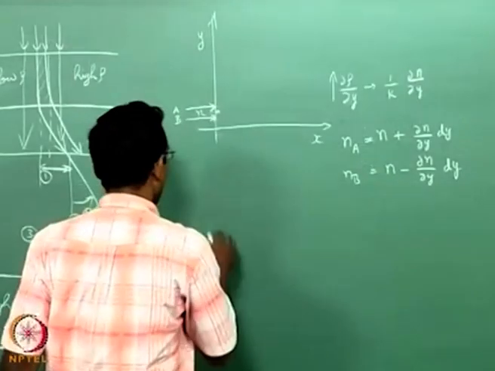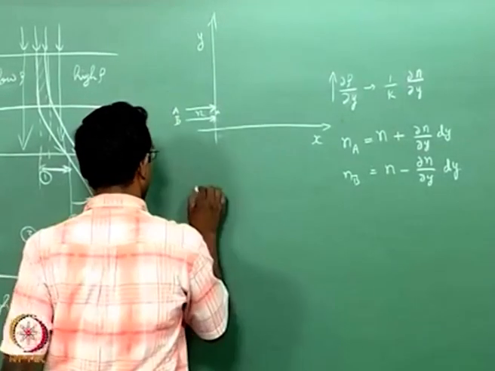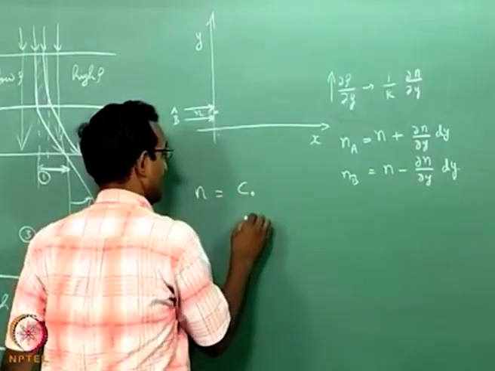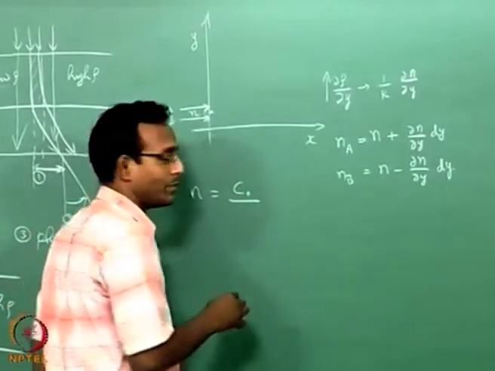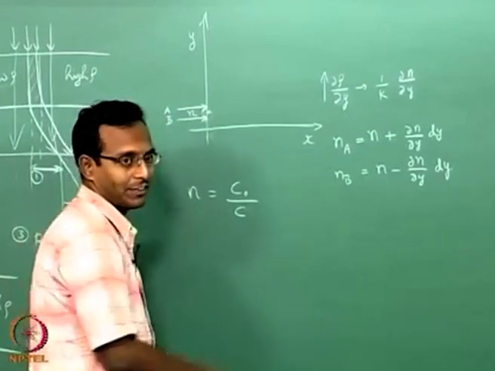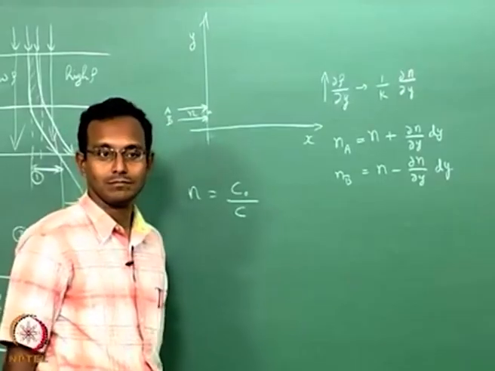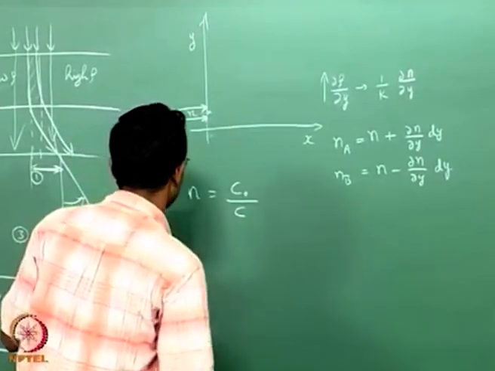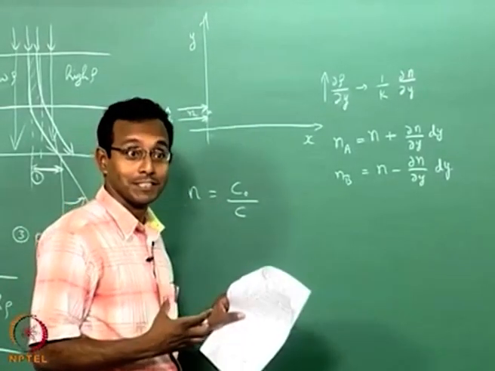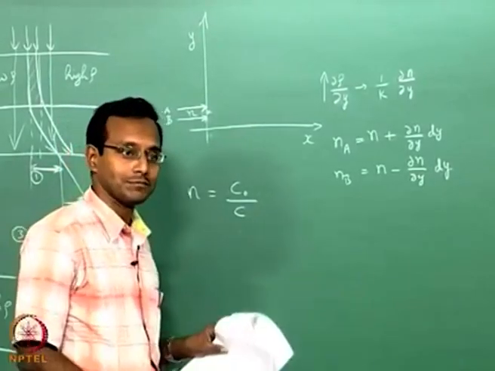Now we know the relation between speed of light and refractive index, that is n is equal to c, speed of light in vacuum, divided by speed of light in the current medium, for which we gave this refractive index. So, if n is large, the speed is small. That is, if n is large, it is a denser medium, high refractive index, and light travels slowly through it.